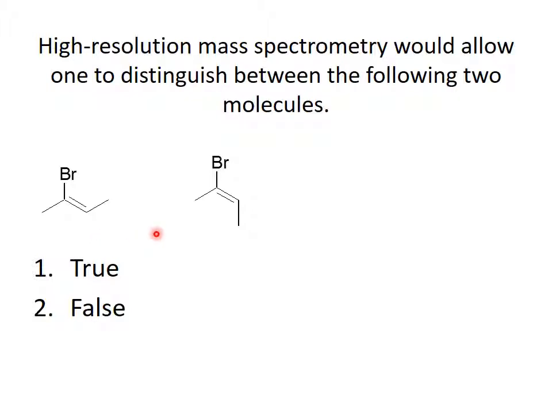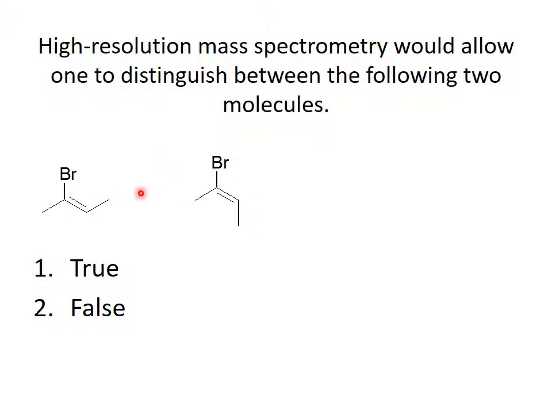In mass spec, the high resolution part of it is used just to distinguish what is the mass of the molecular ion, and so to get a specific formula. The specific formula would be the same for either of these, so it would not resolve this. The issue is, is it an E or a Z isomer?